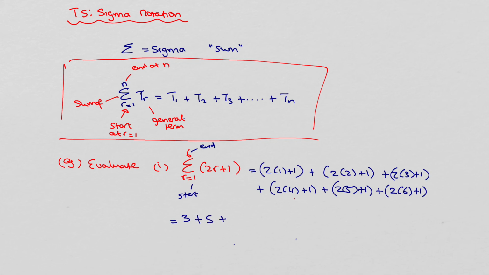Then 7, 9, 11, 13. So we can see it's the sum of the first 6 odd numbers. And therefore, if I sum that up, my total is 48.